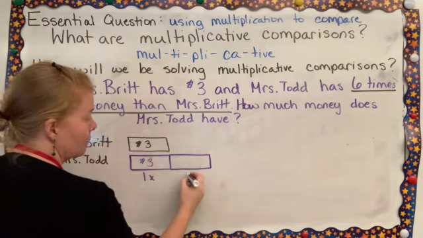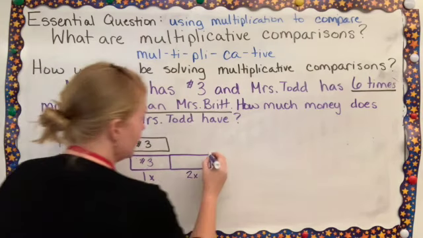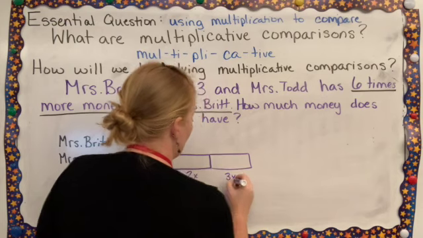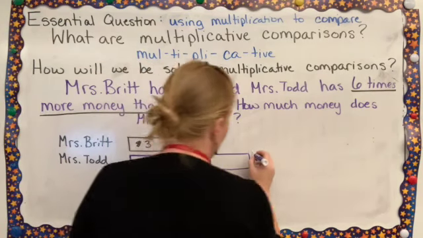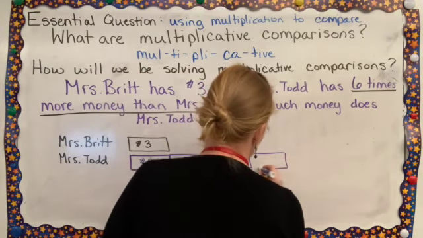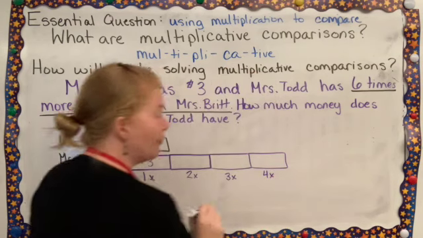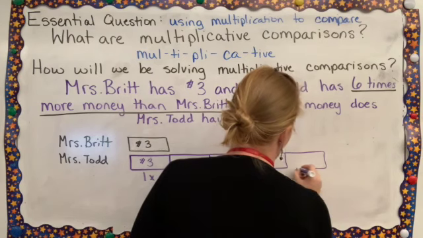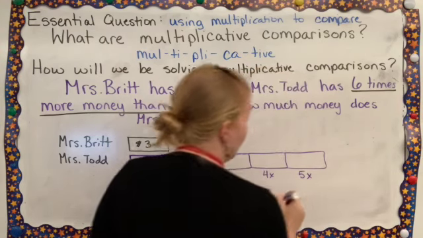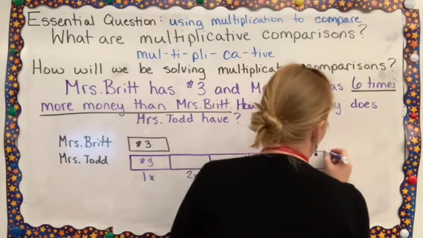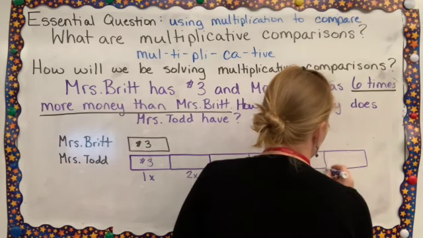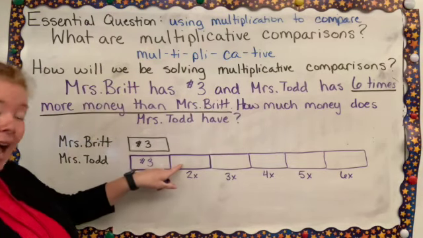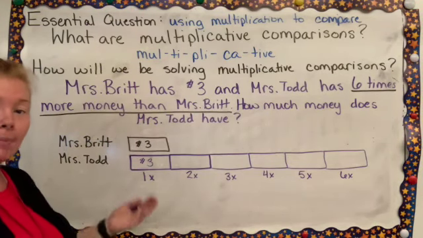1 times, 2 times, 3 times, 4 times, 5 times, and last but not least, 6 times. Now, each time is the same size bar.